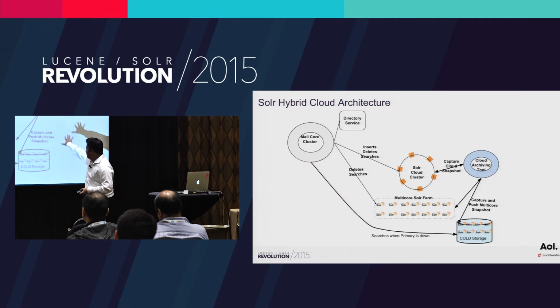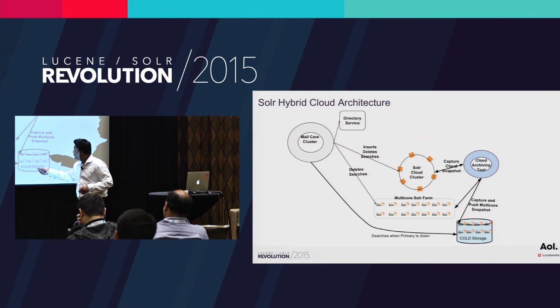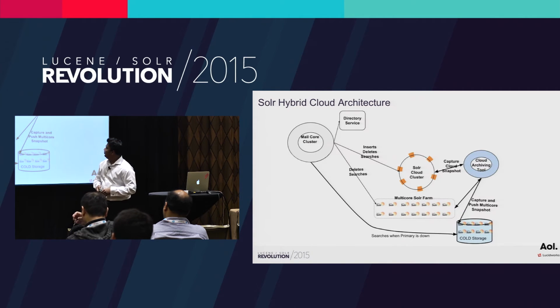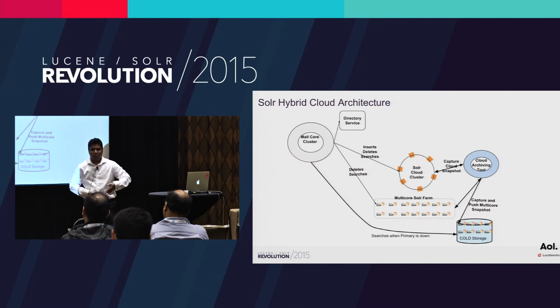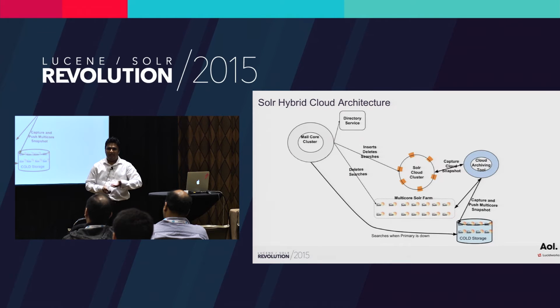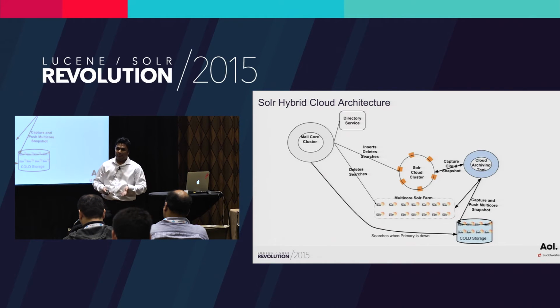Before you look at the right side, I would like to focus on the left side. This is the same architecture we had: the mail core cluster talking to the multi-core farm. We had the split bin problem, with a bunch of inserts coming into small cores that were going up and down.